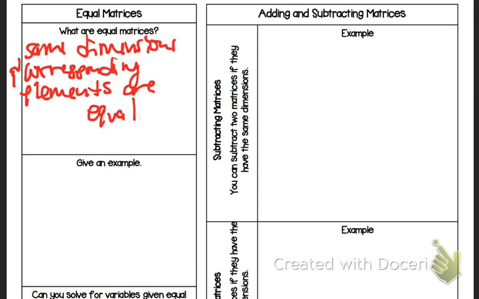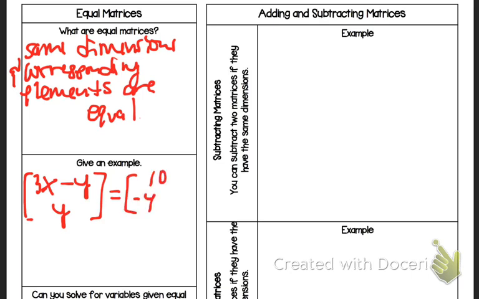Okay, so for example, you may be given a matrix equation like this. In this matrix here, 3x minus y and y equals 10 and -4. Wait, I want that to be x.